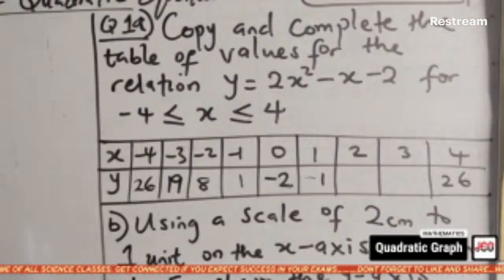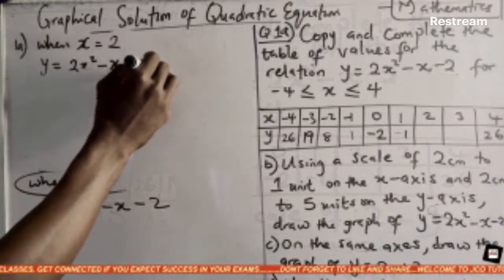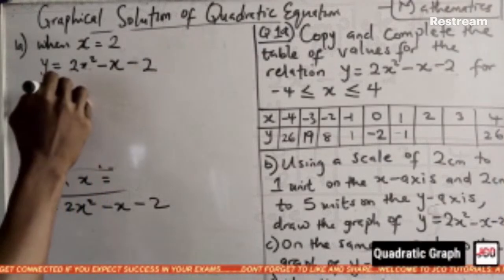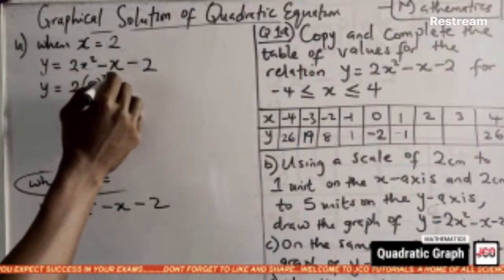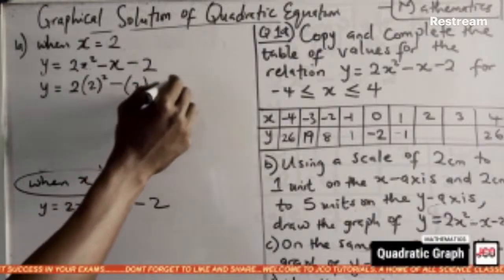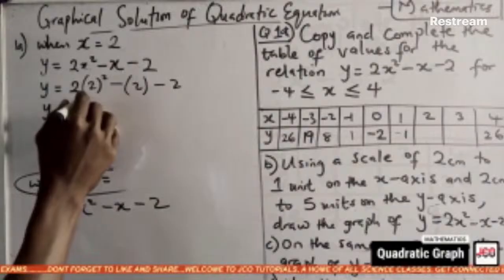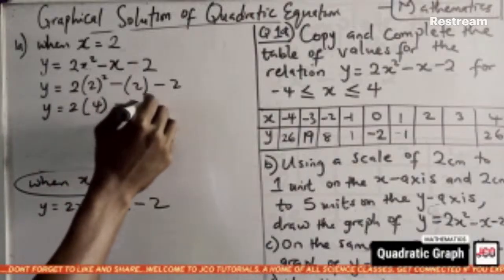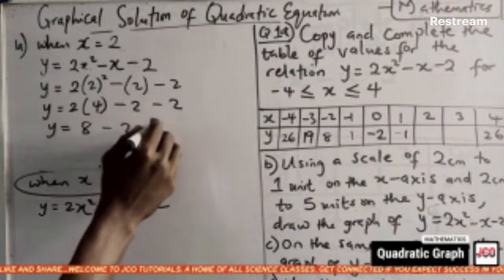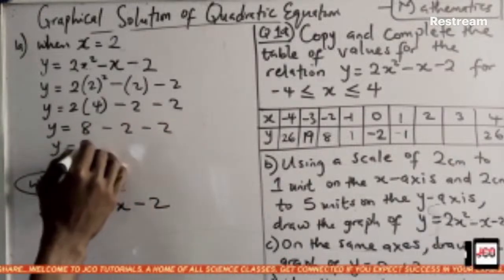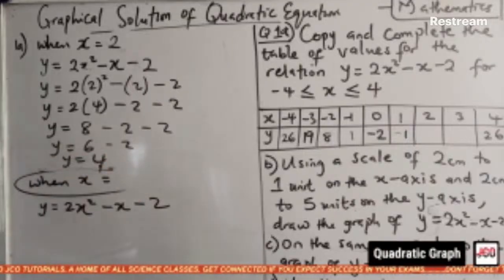So this is when x is 2. Put your equation: y is equal to 2. In place of x, I'm going to put 2 squared minus x, 2, then minus 2. So y is equal to 2 times 2 squared, 4, minus 2, minus 2. y is equal to 2 times 4, 8, minus 2, minus 2. 8 minus 2 is 6, minus 2 gives me 4.